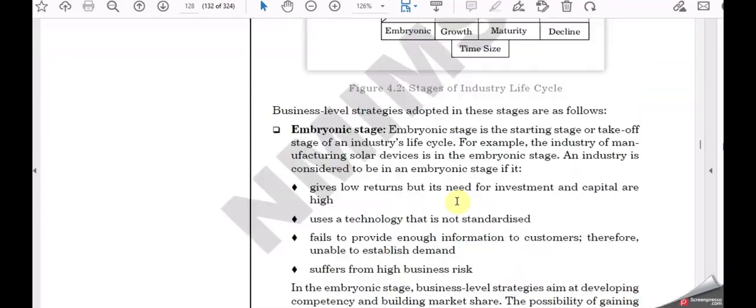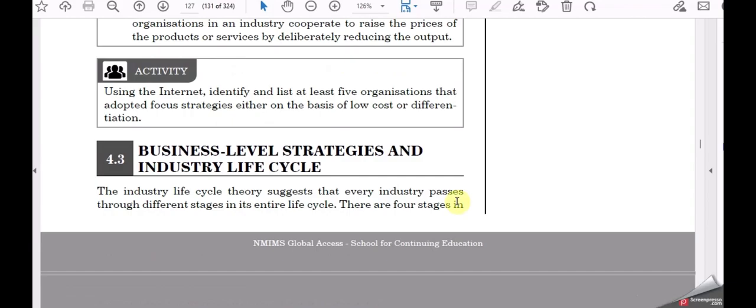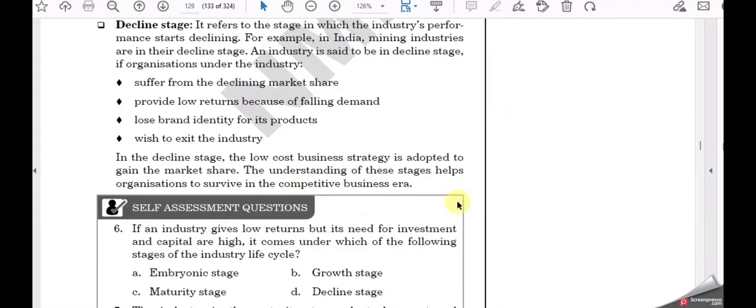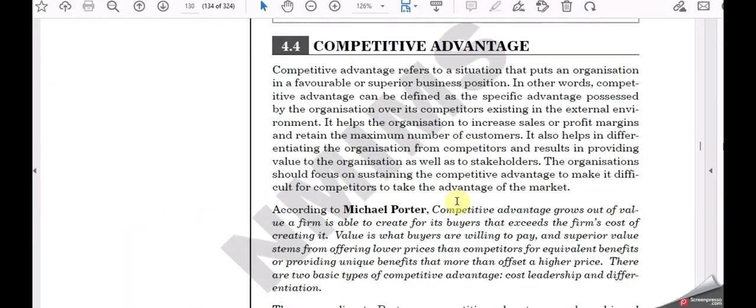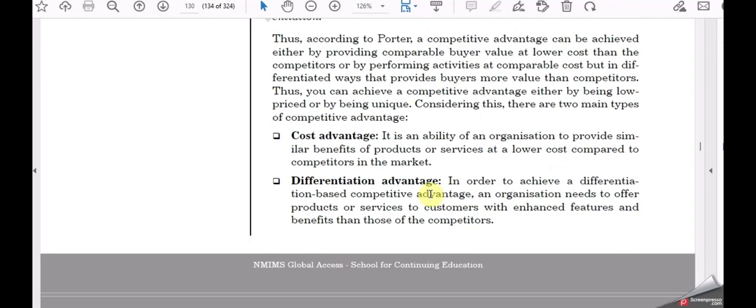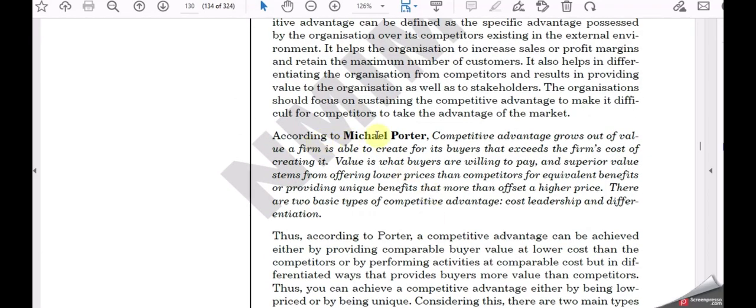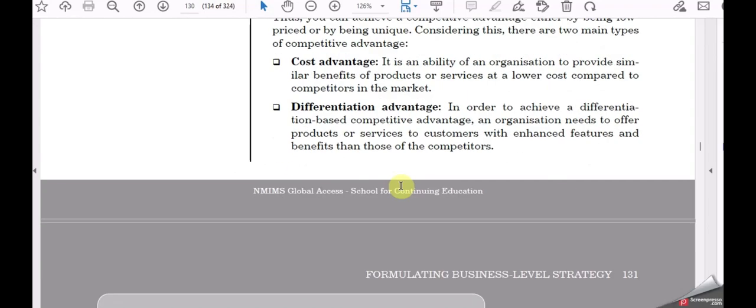The earlier question was life cycles 4.3, and for the 3B we are at 4.4 competitive advantage. So as I mentioned earlier, if there are any definitions you want to write, you can write it. These definitions come in the plagiarism, but you can mention that these definitions are acceptable, and you can also mention this is where you have taken NMIMS book as a reference.